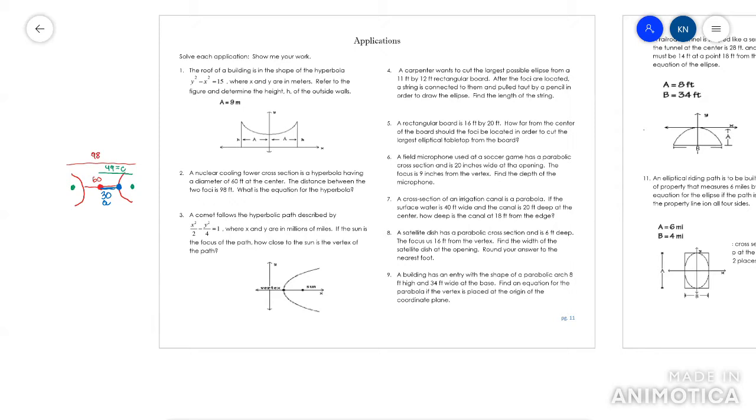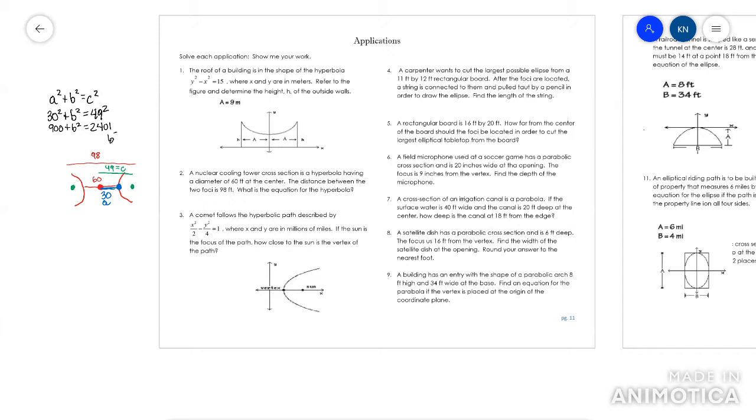On a hyperbola, it's A squared plus B squared equals C squared. We knew A was 30. We don't know what B is. And we knew C was 49. So if you do this, you'll get 900 plus B squared equals 2401.